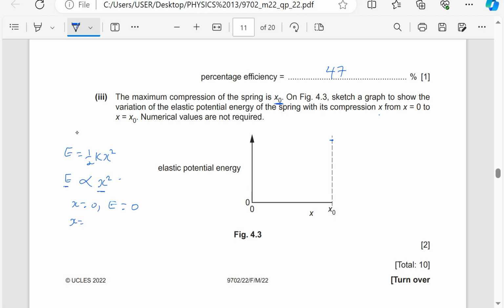You can check if x equals 1, E is equal to a constant times 1. When x equals 2, E is equal to a constant times 4. When x equals 3, E becomes a constant times 9. So you notice that E is increasing more rapidly than x. So that is a curve of increasing gradient. So your graph should be a curve of increasing gradient.